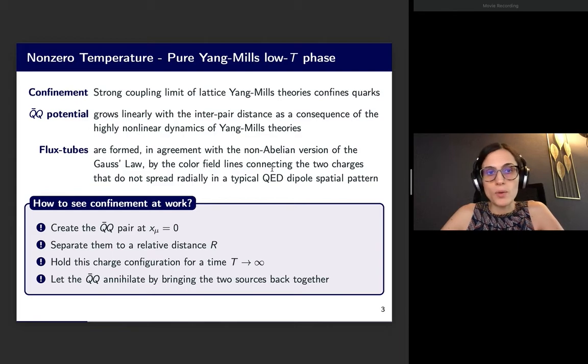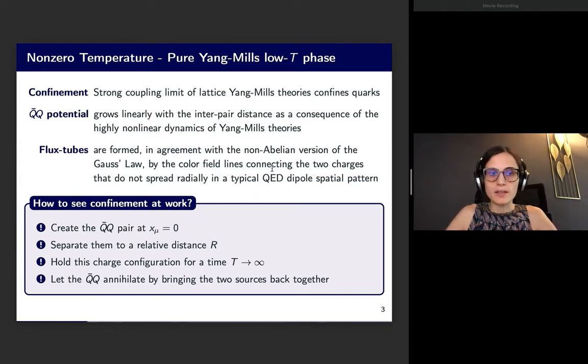Okay, this we sort of know empirically because we cannot observe free color degrees of freedom in nature at our standard conditions, but how to see confinement at work in a theoretical framework for the theory? What we can do is produce such a pair of static sources in the vacuum.